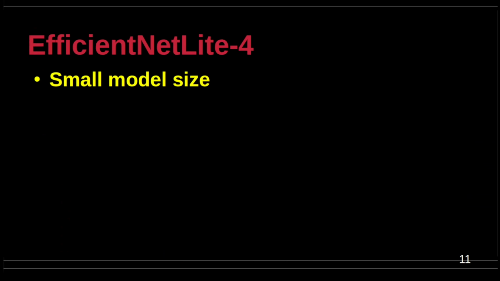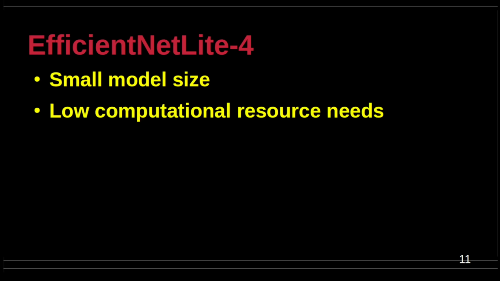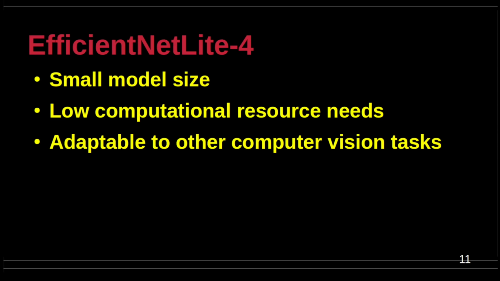EfficientNet Lite4 models are a family of lightweight convolutional neural networks designed for efficient inference on resource-constrained devices. The small model size makes it ideal for mobile and embedded devices, where limited processing power can degrade the performance of other models.